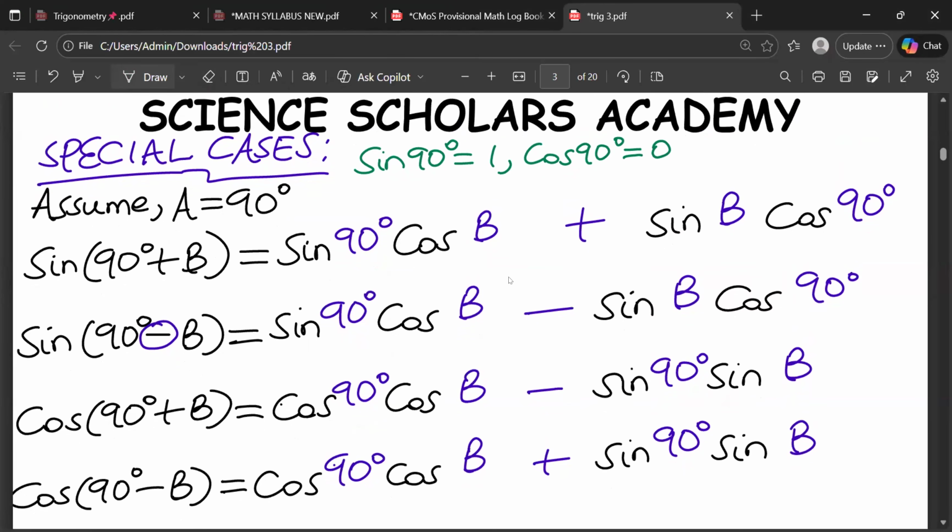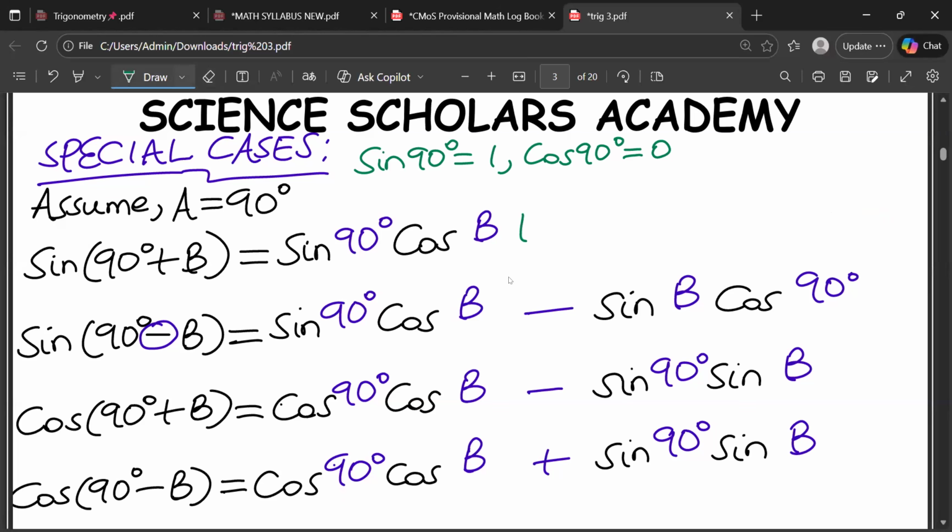Are you seeing that since this cos 90 is a 0, the whole of this is going to be affected? Let me try to create some space. So this one will be sin B cos 90.